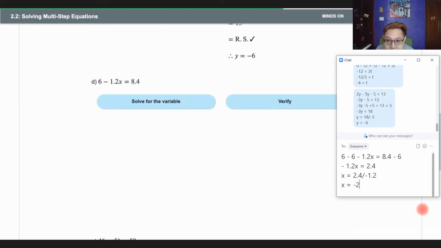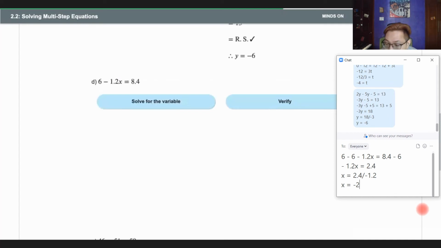Pardon me? Yeah, you can bring the 6 to the right side. Yeah, why not? So then it becomes 8.4 plus 6. Minus 6. Careful. 6, you move from the left to the right, becomes minus 6. Oh.